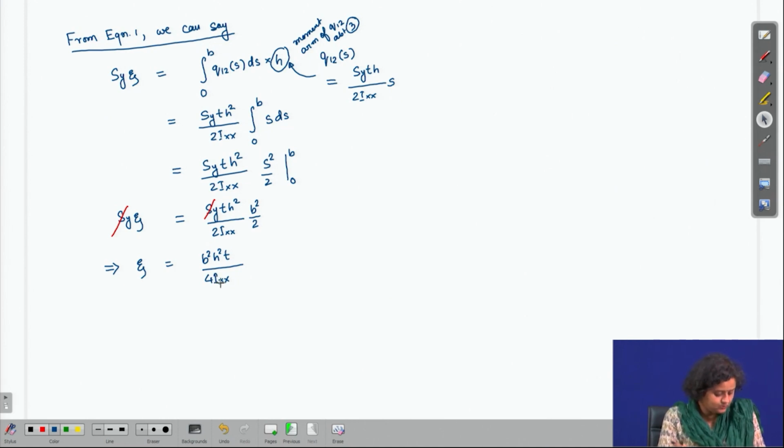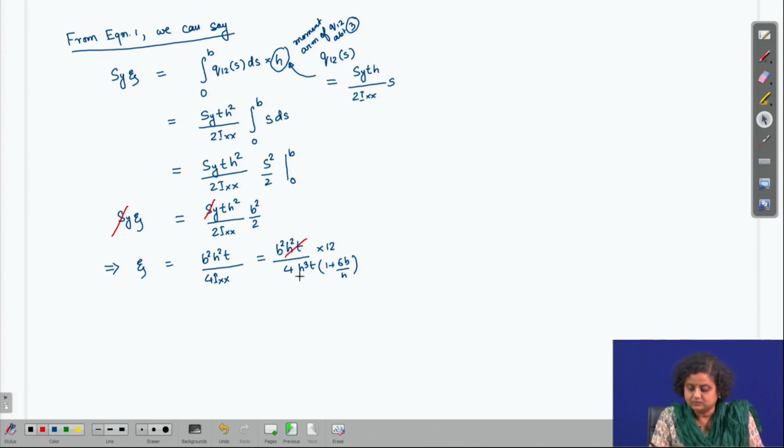If we substitute the expression of Ixx, which is h cube t into 12 by 1 plus 6b by h, we can cancel terms, and we will be left with h, and with 3.